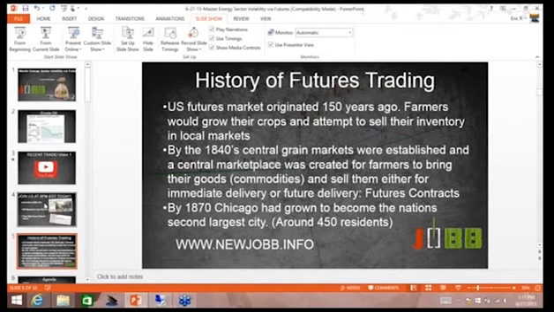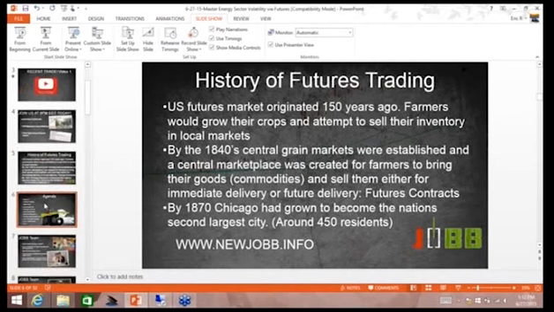Bottom line is this: futures date back 150 years ago, actually in Chicago, and now it's just people like you and myself, traders who aren't interested in the actual goods or commodities that we're trading. We're just looking to make a profit. Very fascinating stuff, and I just wanted to give you a quick background.